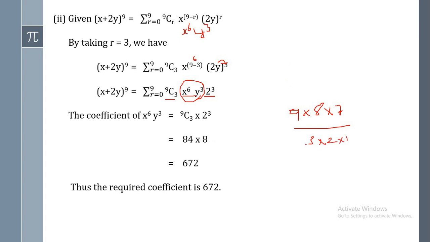So we will get the value 84. 3 1s are 3, 3 3s are 9, 2 1s are 2, 4s are 84. And 2 cube value is 8. The product of 84 and 8 will become 672. Thus the required coefficient of x power 6 and y power 3 in this expansion is 672.